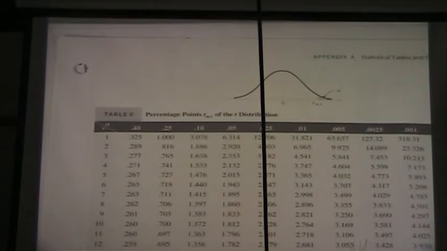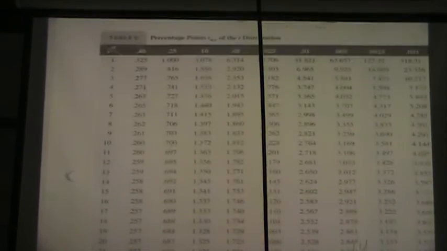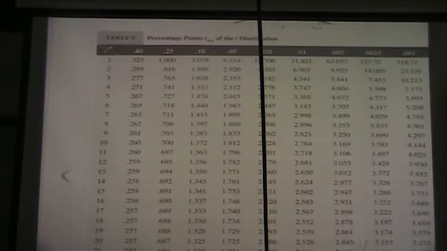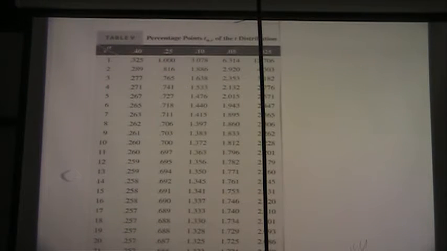So I get my famous T-table out. This is the first time I've found having that loose leaf book be a really useful thing. All right, so I've got my T-table. Just like I did with the standard normal distribution, first of all, I'm going to say, what is my alpha divided by 2?